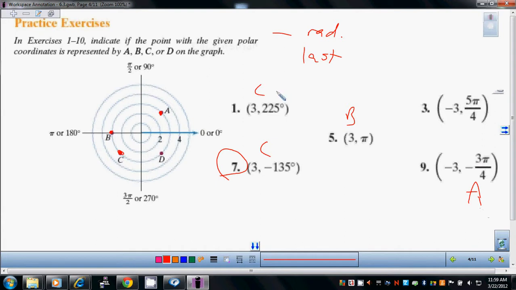Dylan, what point do you think number 3 is going to be? You can use your unit circle if you need it. In fact, you're going to need the unit circle all day. When in doubt, don't trust Brayton. Just kidding. Okay. Well, that is wrong. I wasn't kidding about that.